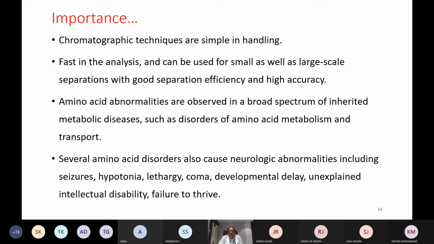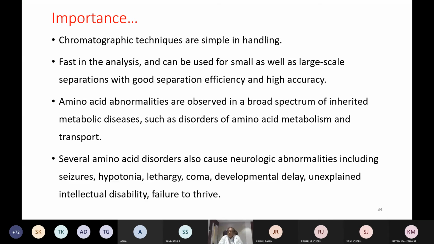So for disorders of amino acid metabolism, this chromatography will be applied to find out which amino acid is being excreted more, and the patient must be lacking that amino acid.